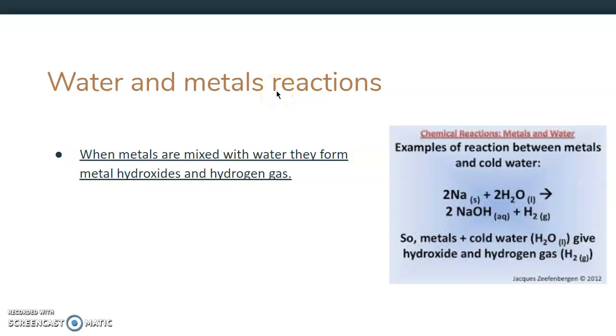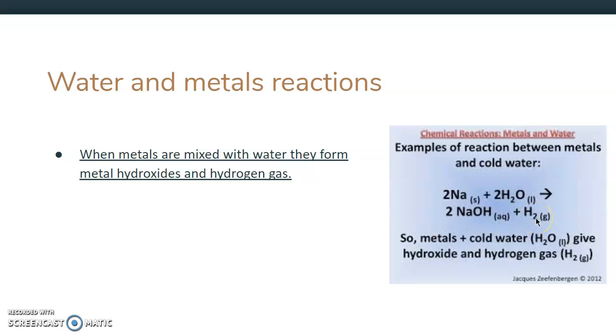Anytime we place different metals in water, when metals are mixed with water, they form metal hydroxides with hydrogen gas. So a hydroxide is an OH right here. A hydroxide is this, and our metal is sodium. So anytime we put sodium in water, we are creating sodium hydroxide and hydrogen.